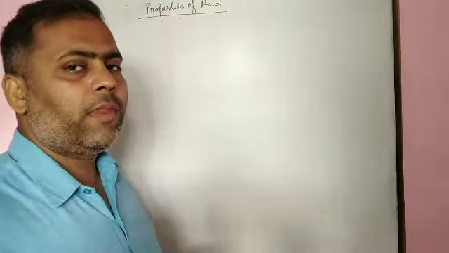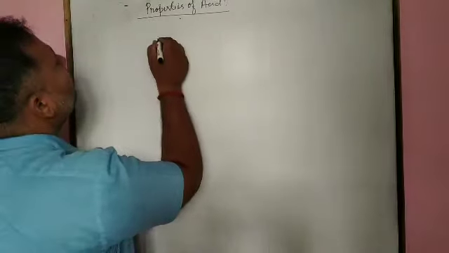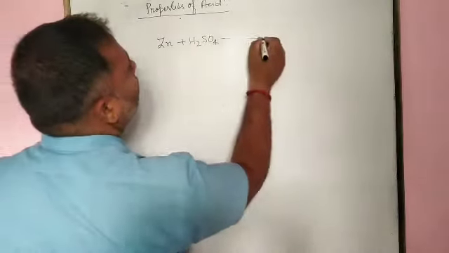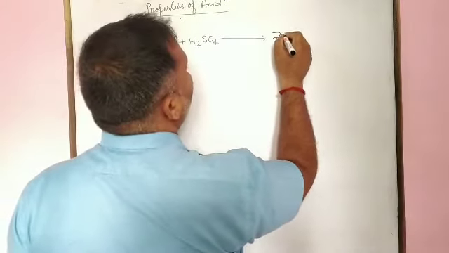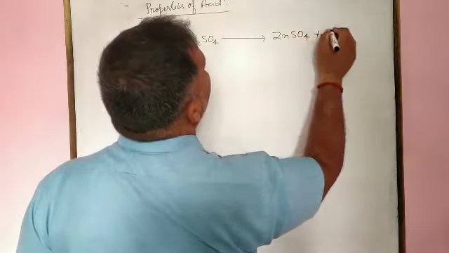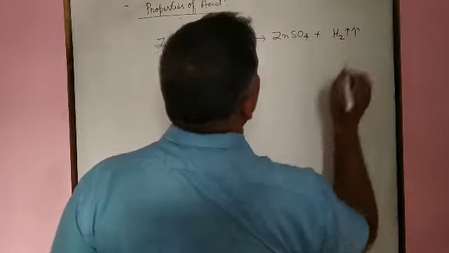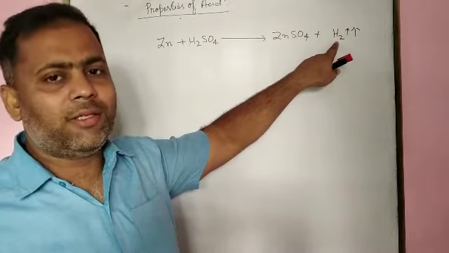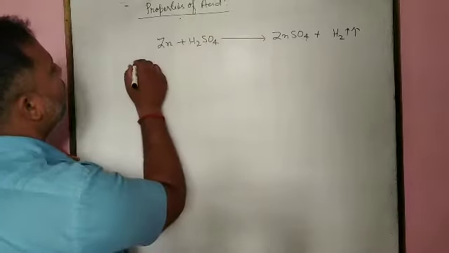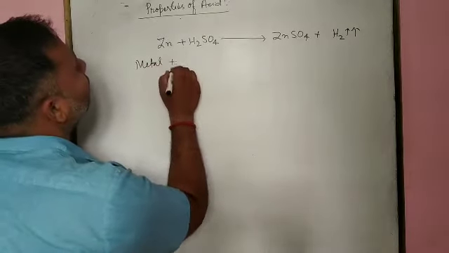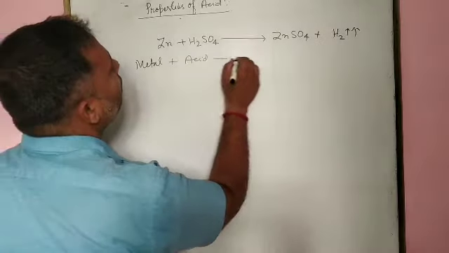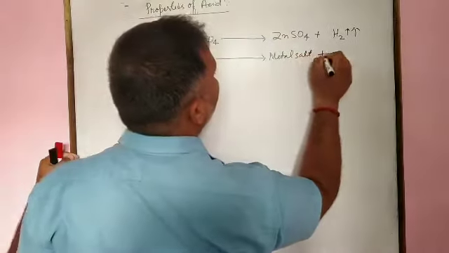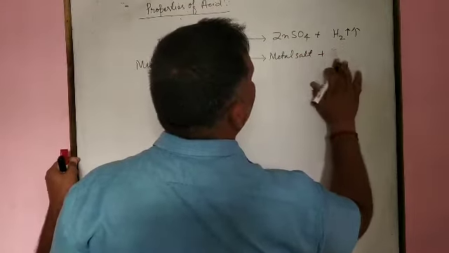When zinc granules are placed in sulfuric acid solution, it forms ZnSO4, zinc sulfate, plus hydrogen gas. This hydrogen gas is highly inflammable. So when metal reacts with acid, it forms metal salt plus hydrogen gas.